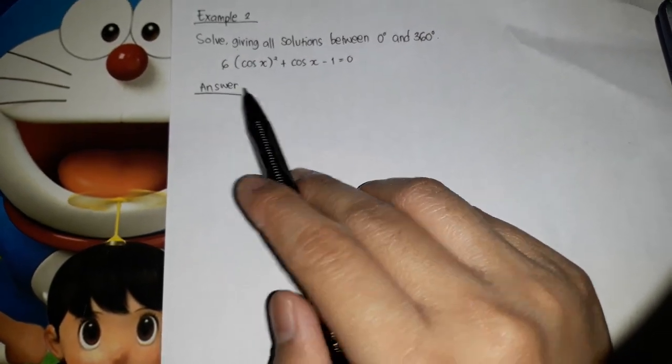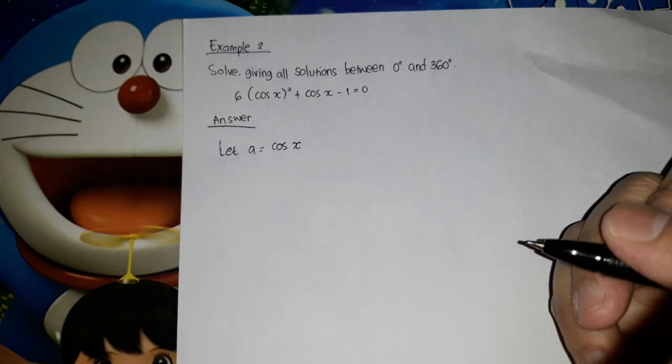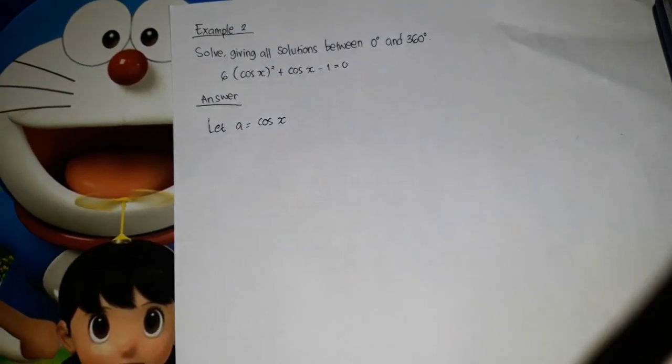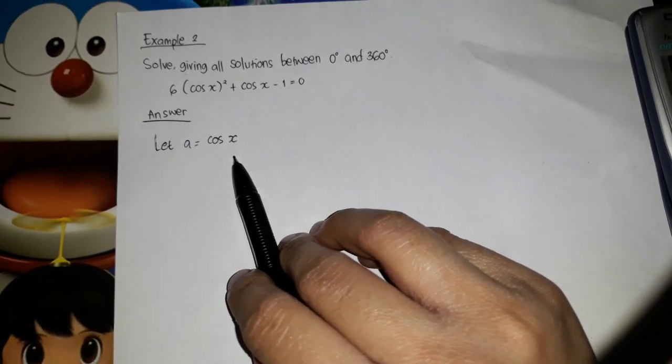First, to make it easier, let a become cos x. You can use any variable that you want, it is up to you, but I will use a to represent cos x.